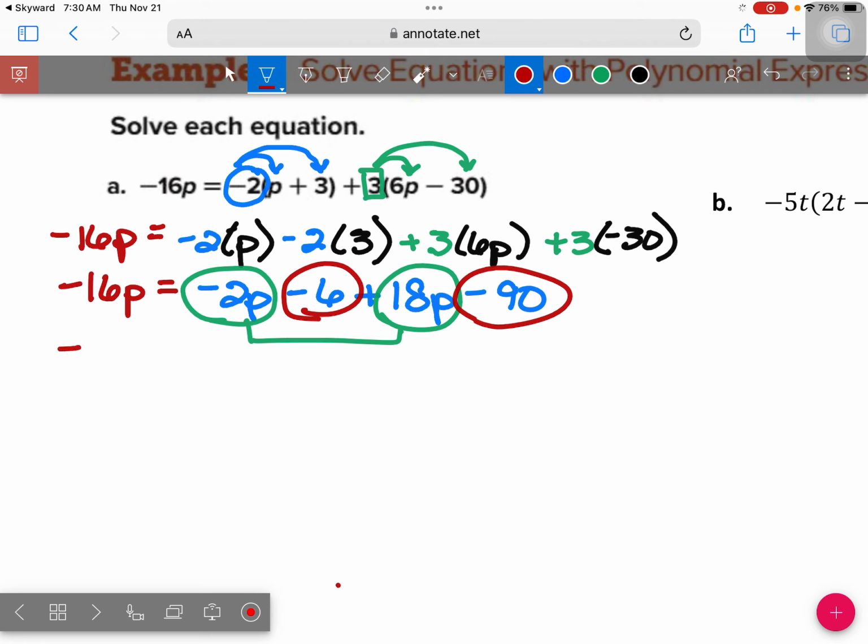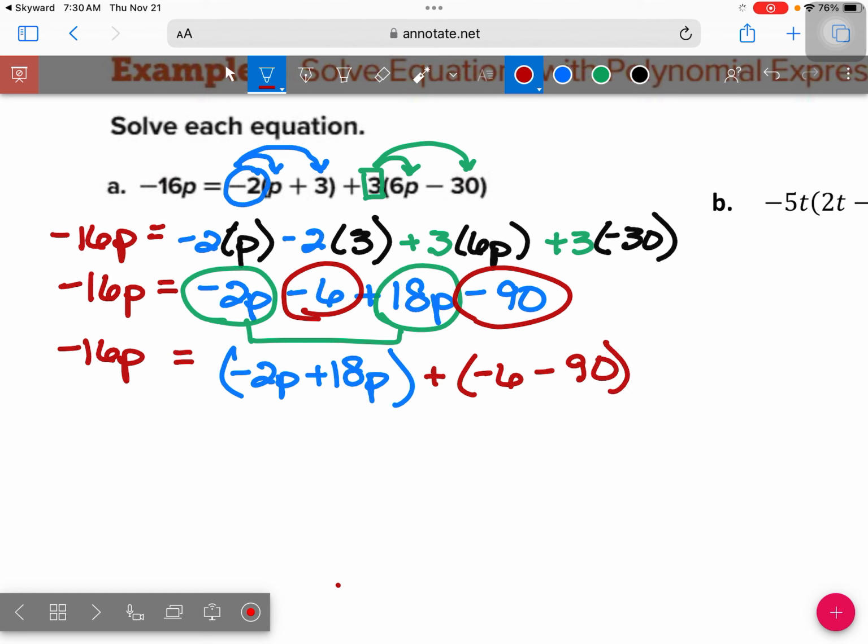Okay? So over on the left, I'm just keeping that negative 16p. It just keeps bringing it down. Equals negative 2p plus 18p. And then I have a negative 6 minus 90.